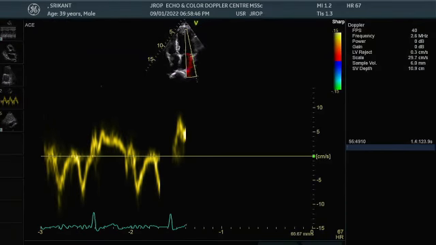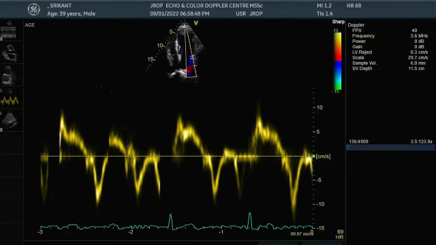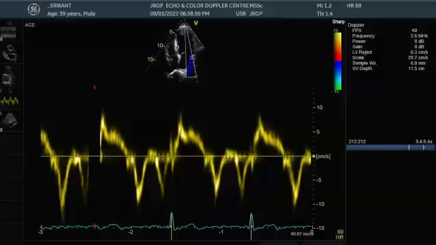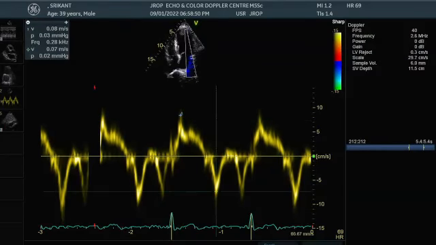Similarly, in the lateral annulus, we get the same kind of pattern. This is the lateral annulus systolic velocity. This is the lateral annulus E prime velocity. We use both the septal E prime and lateral E prime to derive the average E to E prime ratio for LA volume evaluation, LA function evaluation, or diastolic function evaluation. That's what we do.